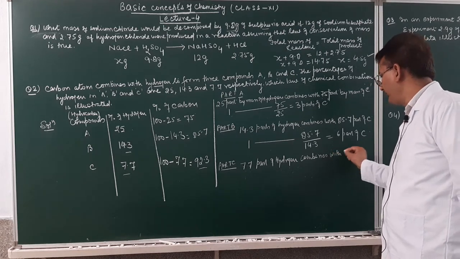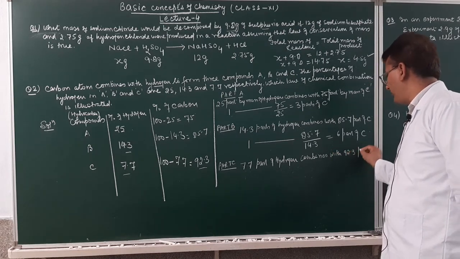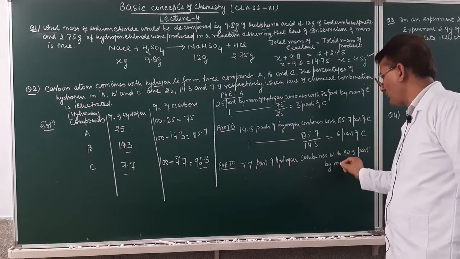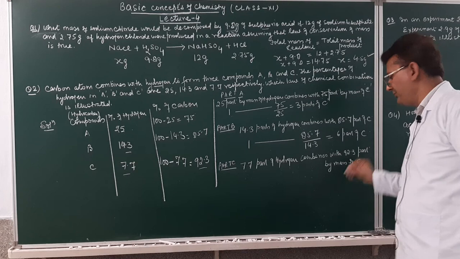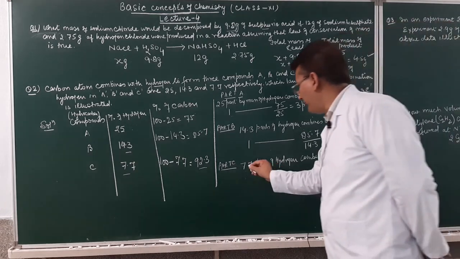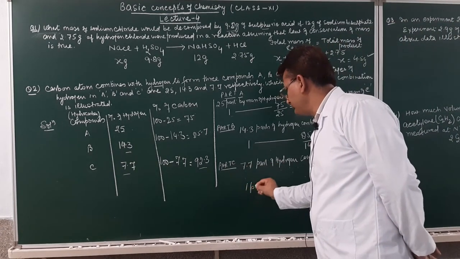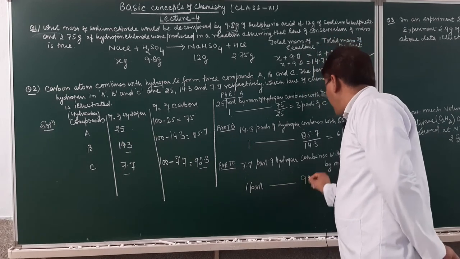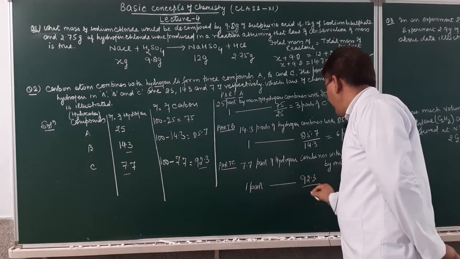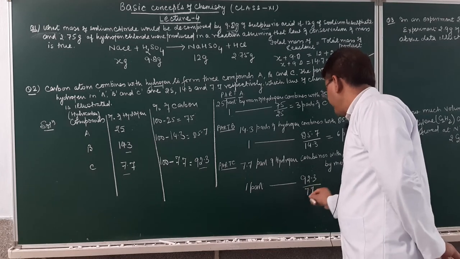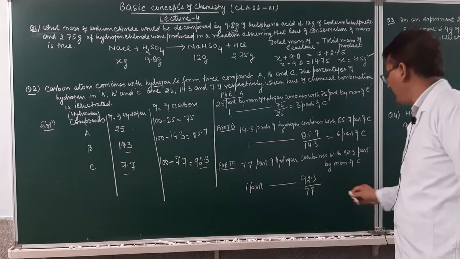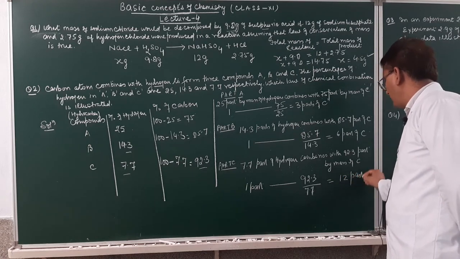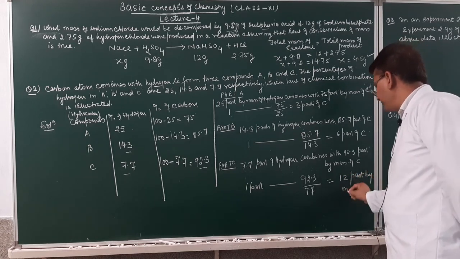If I fix the mass of hydrogen to 1 part, how much will it be? It will be 92.3 divided by 7.7. What will it come to be? It will come to be equal to 12 parts by mass of carbon.